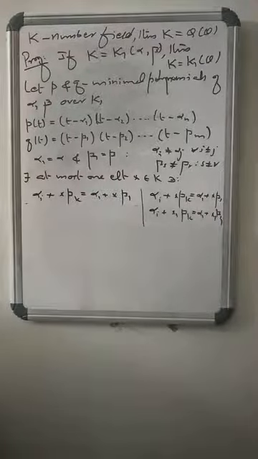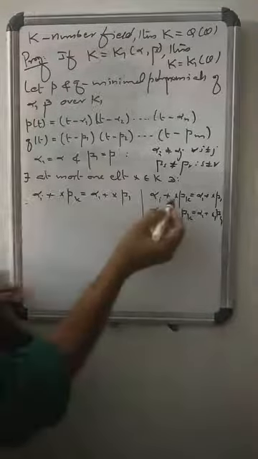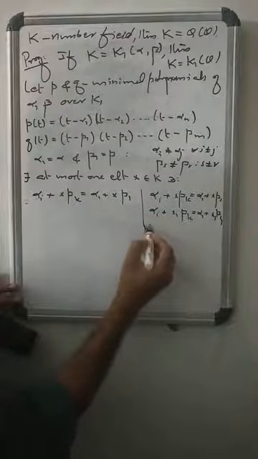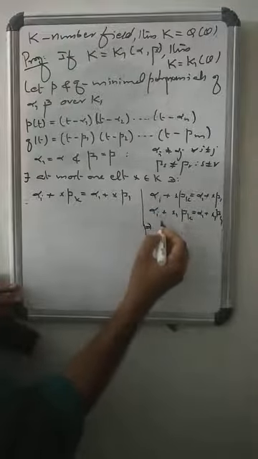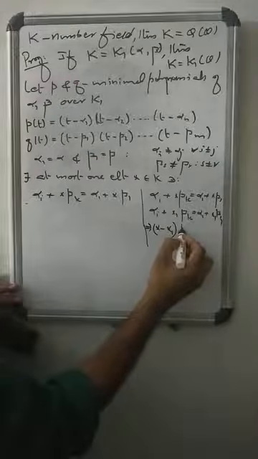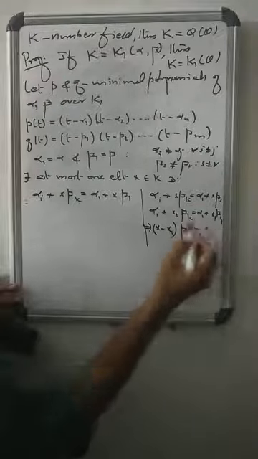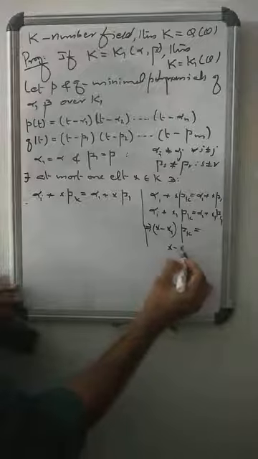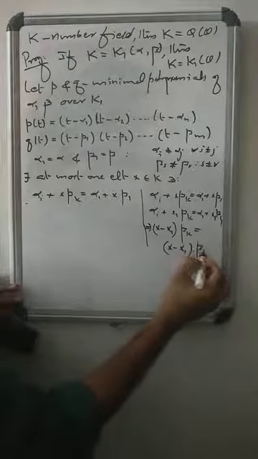What happens? On subtraction, what do you get? (x minus x1) times beta k equals, on the right side, (x minus x1) times beta 1.